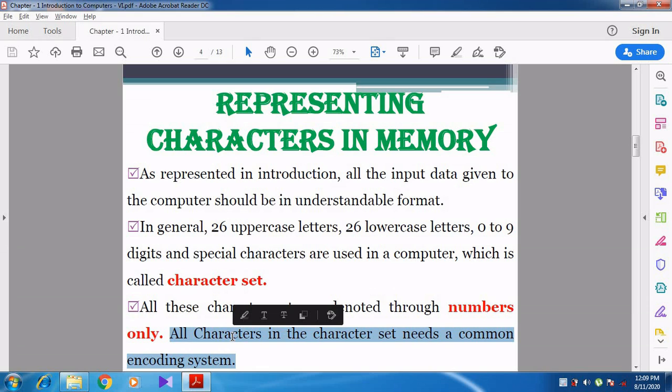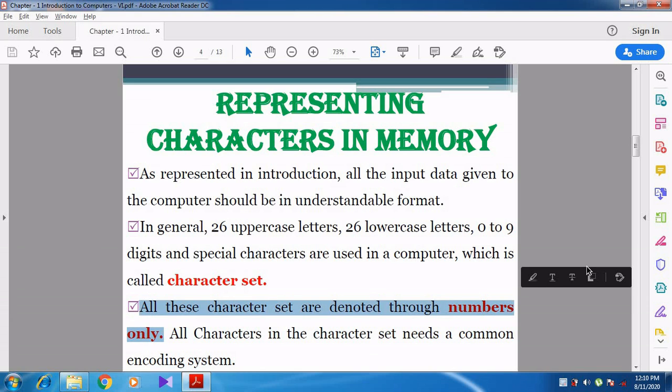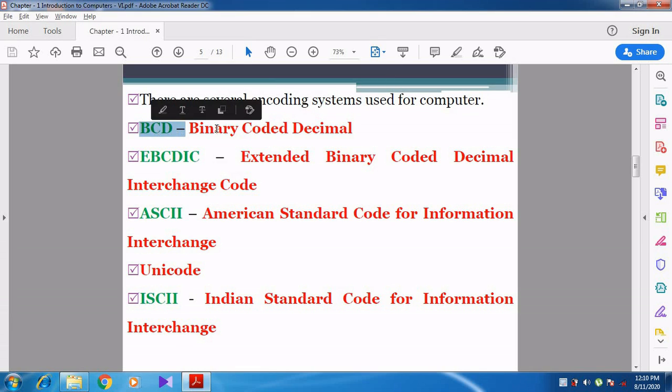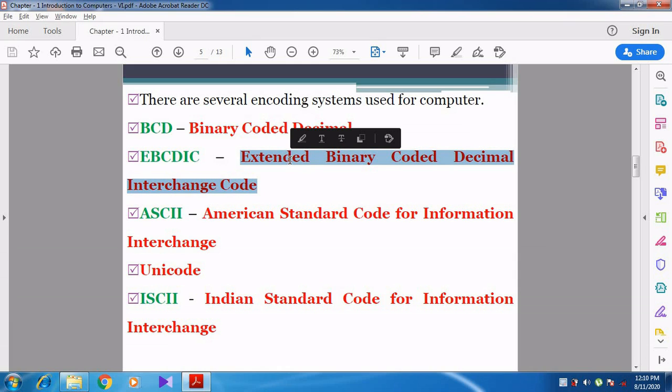There are different types of encodings. We can see them one by one. First one is BCD, binary coded decimal. That is one type of encoding system. Then EBCDIC, extended binary coded decimal interchange code.